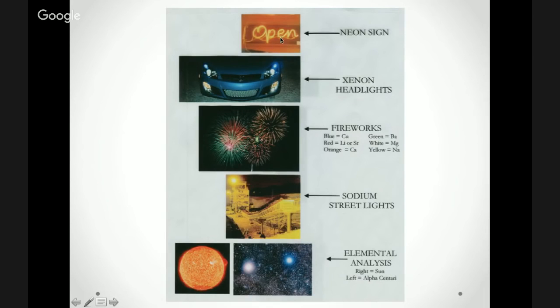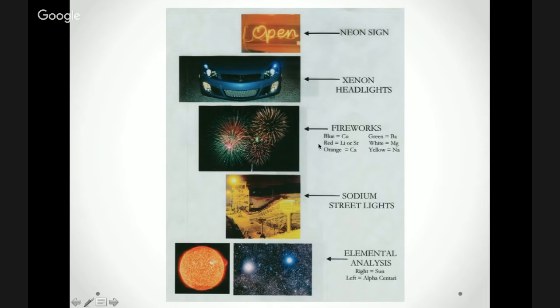When you see any kind of neon sign, this is a glass tube filled with neon gas, which is basically lots and lots of neon atoms, and electricity is being sent through, and it's just a constant excitation and then returning to ground state of electrons for every atom. So when you see a neon sign, you're looking at chemistry. Here, the xenon headlights, which are really bright, have a light blue tint to them almost.